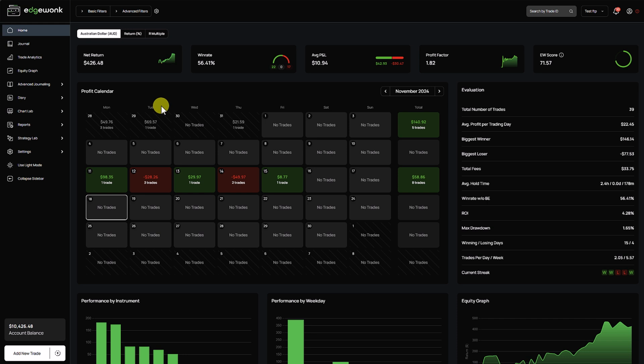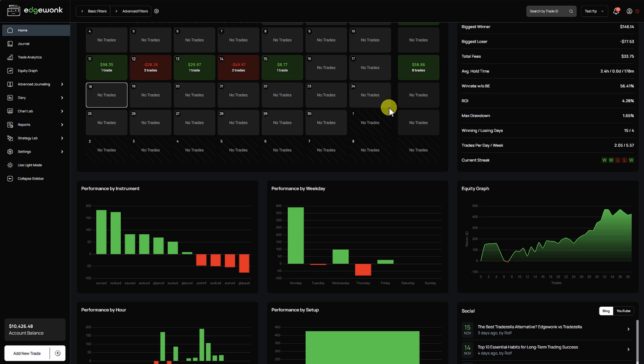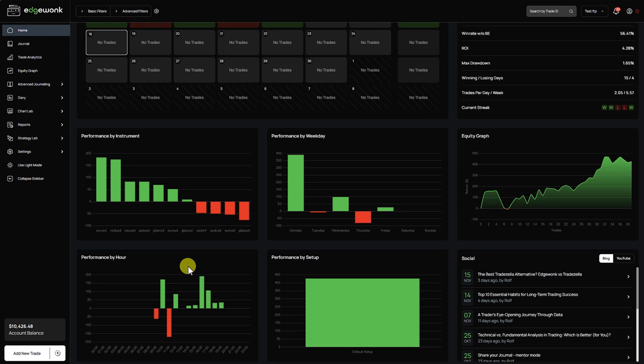When you open Edgewonk, you will see your profit calendar. It shows you every day for the month how many trades you have taken and the profit or the loss that you have generated. You will see your total net return, the win rate, the average profit per trade, and a lot of other very important metrics. For example, what is your most profitable week? What is the most profitable Forex pair that you are trading?